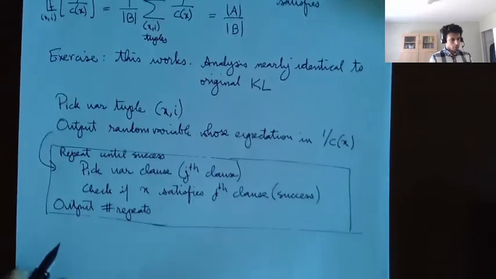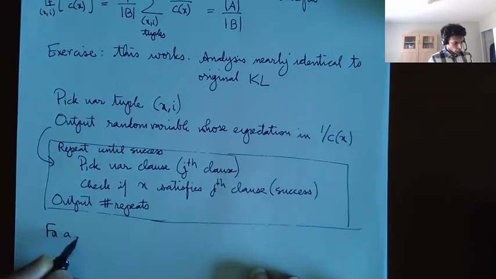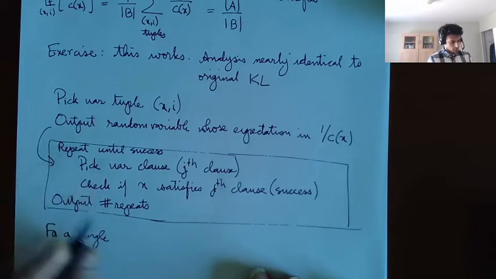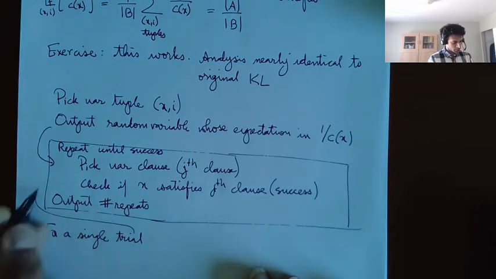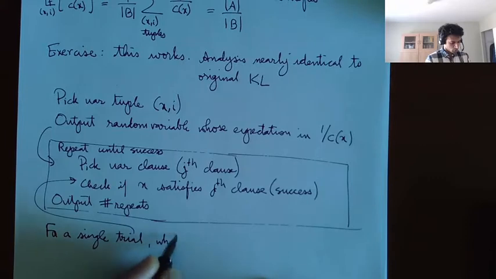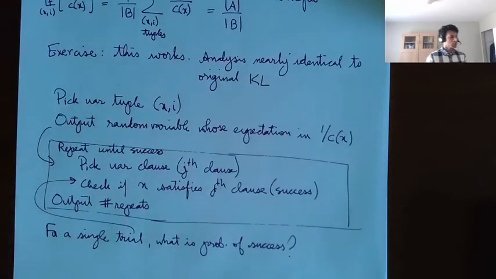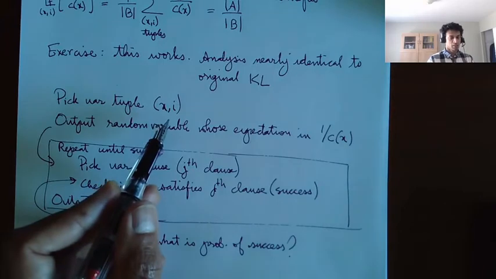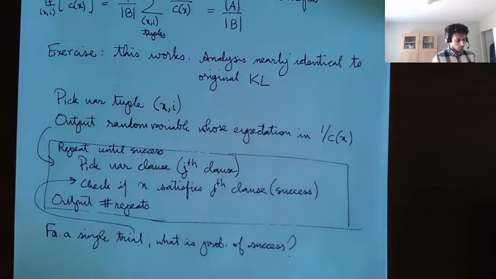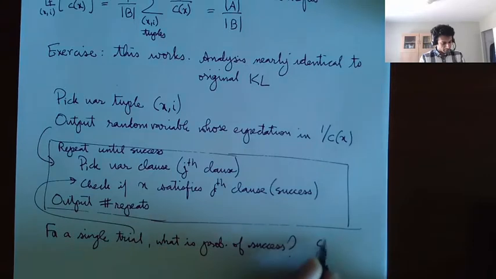Okay. Now question. For a single trial, what is the probability of success? Remember, you're fixing x. 1 over c(x)? No. c(x) over m.